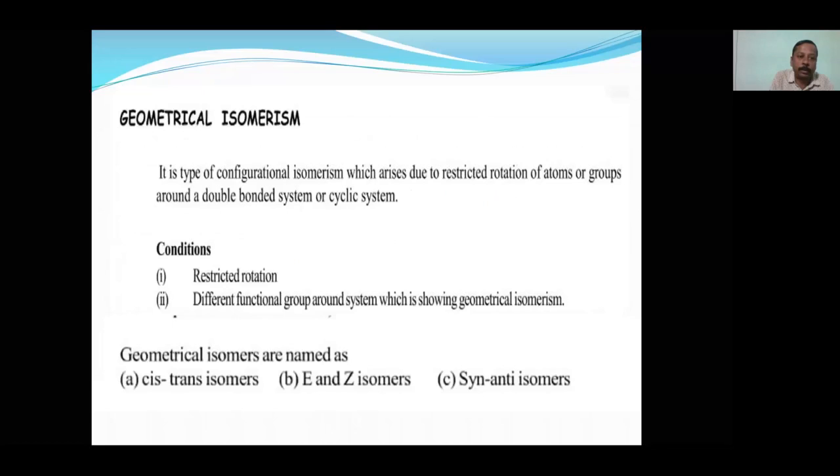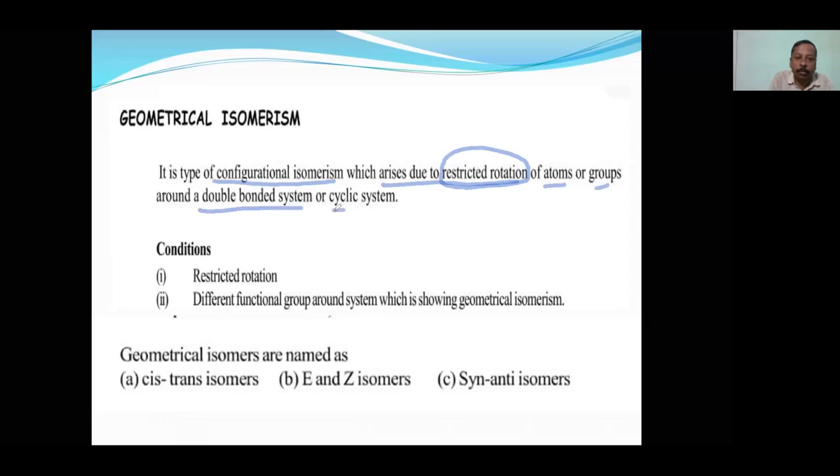Here the main topic starts, geometrical isomerism. In this lecture we are going to study this completely. Geometrical isomerism is a type of configurational isomerism which arises due to restricted rotation of atoms or groups around a double bonded system.